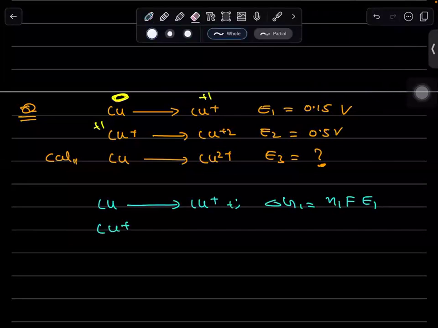One X, one Y by 2, sir. Here, X and Y. I have given values, right?